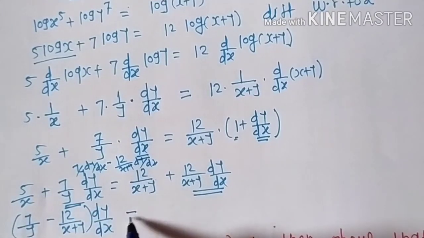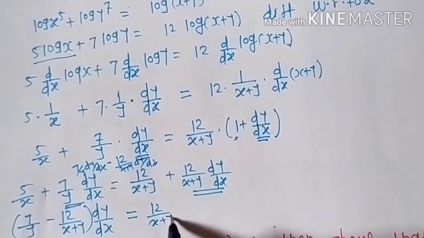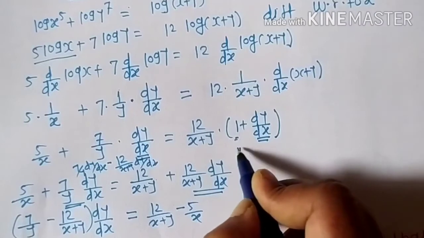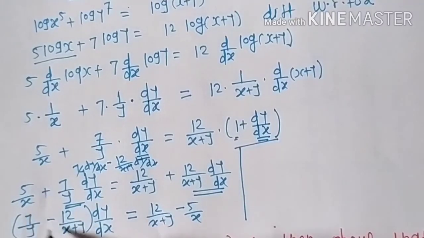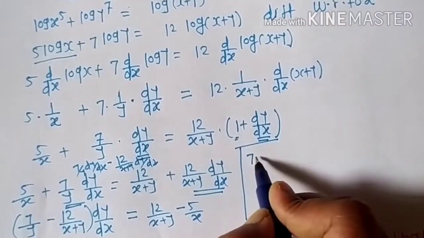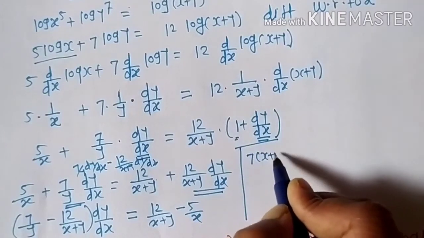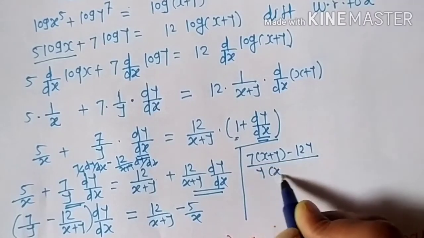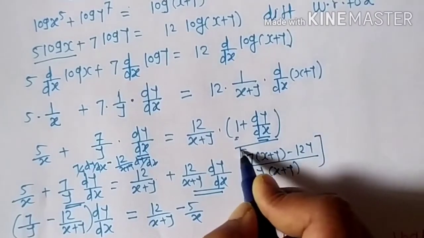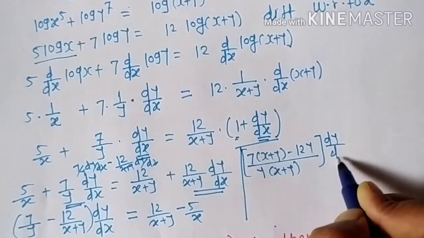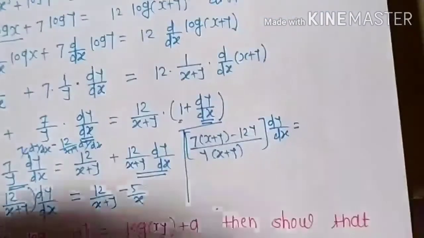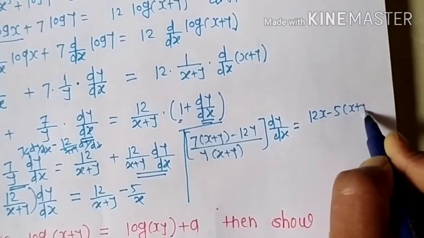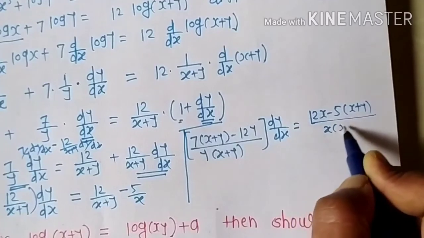And the right hand side is 12 divided by x plus y transferred, 5 upon x, minus 5 upon x is there. Okay, then simplify this by taking cross multiplication: 7 into x plus y minus 12 into y, divided by y into x plus y, and the whole term is dy by dx, equal to the right hand side term. Simplify by cross multiplying: 12x minus 5 into x plus y, divided by x into x plus y.